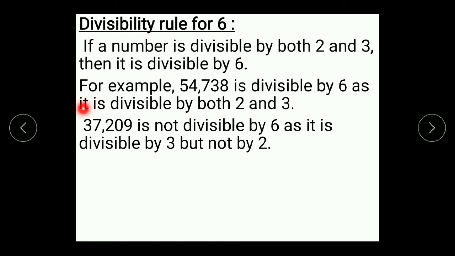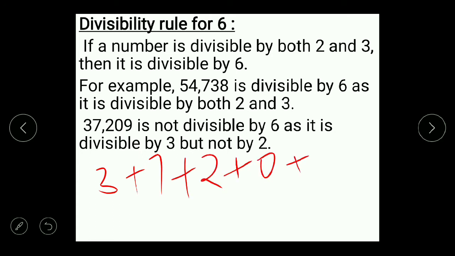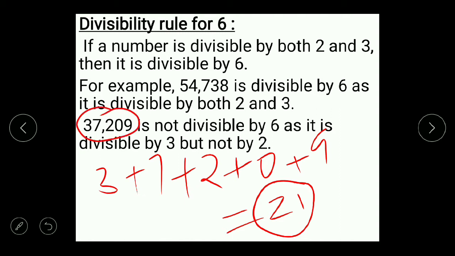Here you can see that the last digit is 9, therefore it is not divisible by 2. But this number is divisible by 3, because of the sum of the digits: 3 plus 7 plus 2 plus 0 plus 9. 3 plus 7 is 10, 10 plus 2 is 12, 12 plus 9 equals 21. 21 is a multiple of 3, therefore this number is divisible by 3.